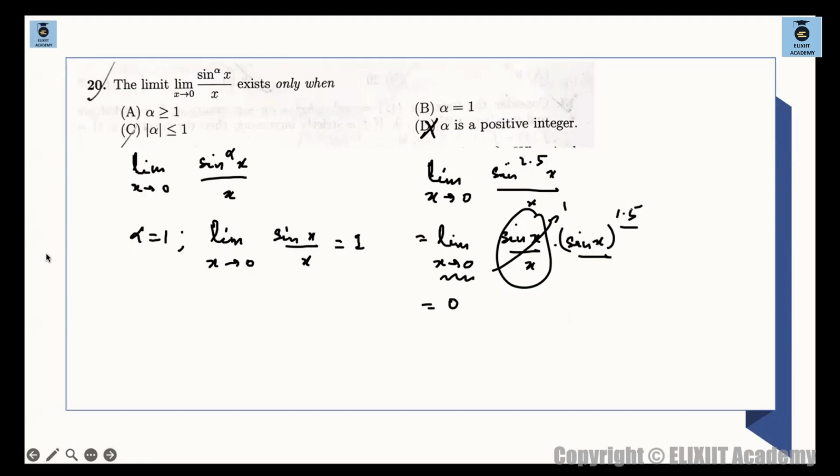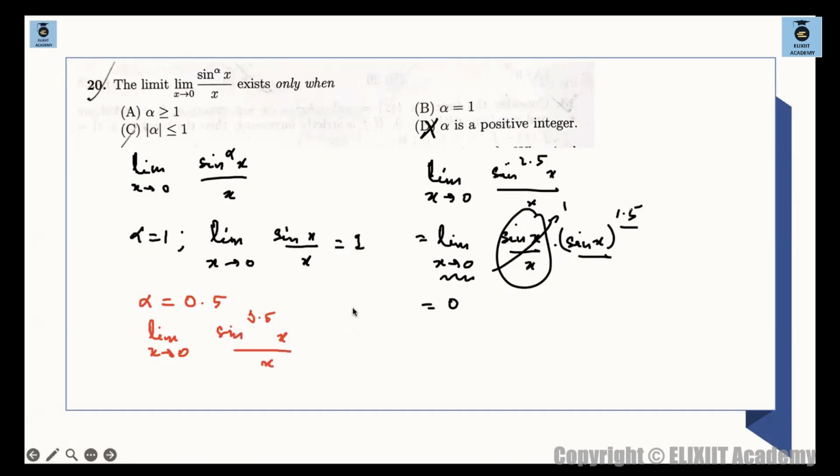Okay. So next, we have checked B, we have checked D. Let's come down to C. Alpha is less than 1. Will this work out? For alpha less than 1, take alpha is 0.5, let's say. Verify. Take alpha to be 0.5. So we have limit x tending to 0, sin of 0.5x divided by x.